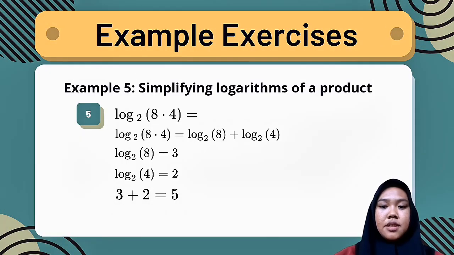Example 5: log base 2 of 8 times 4. We apply the product rule: log base 2 of 8 plus log base 2 of 4. That equals 3 plus 2, which is 5.